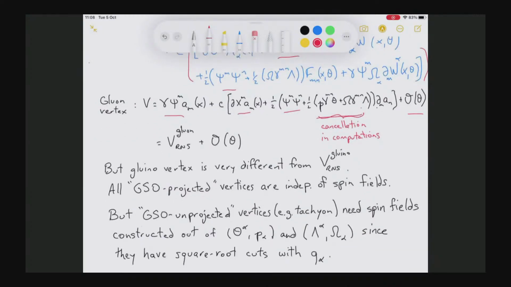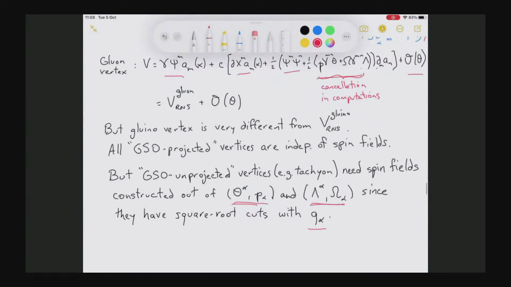One way to see that is that you know that the tachyon is supposed to have square root cuts with the space-time supersymmetry generator. The space-time supersymmetry generator is now just essentially p plus dx slash theta. So the only way that's possible is if it has square root cuts with these variables. And once it has square root cuts with these, you also need square root cuts with these, just because in the BRST operator, they come together.